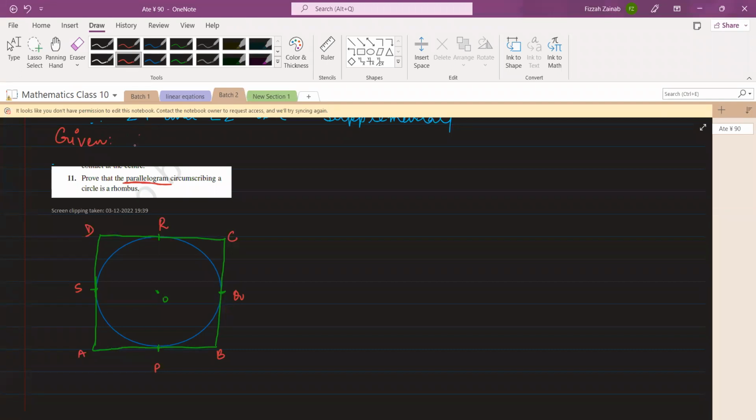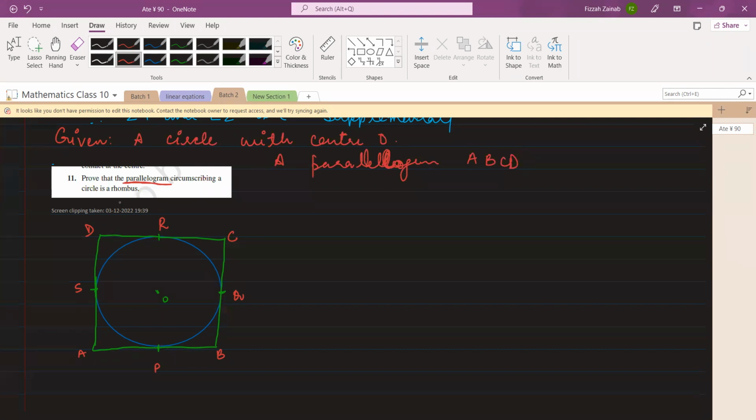So what is given here? You have a circle with center O, and then there's a parallelogram ABCD.